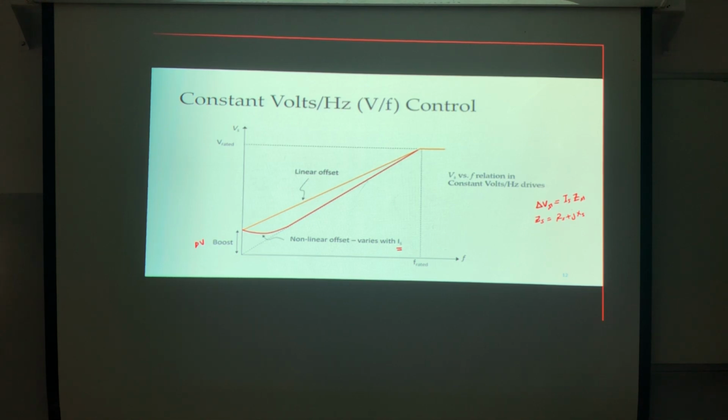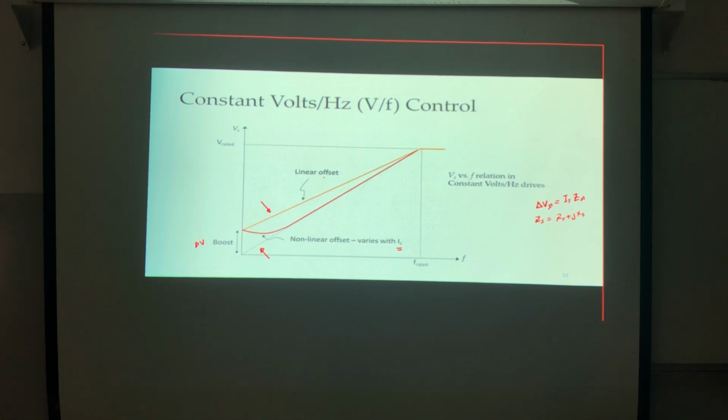Someone will say, this one modified the relation, by the way. Here I have 3 lines. The dashed line here represents the constant V over F. Now this one is the modified V over F according to linear offset.